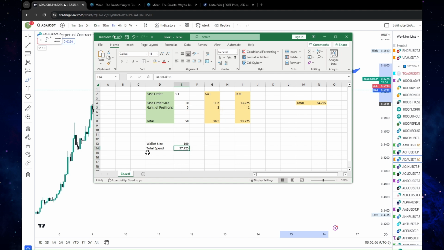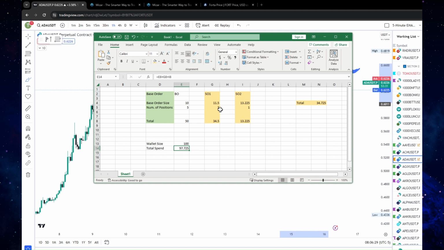Now you can see your total spend is already 97 USDT. So if your wallet size here is 100, then you would just fit into the budget required to open all the safety orders.